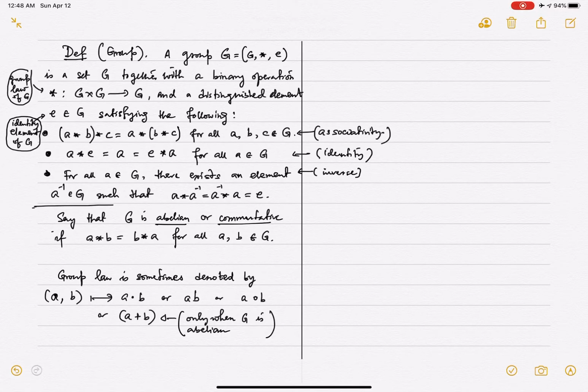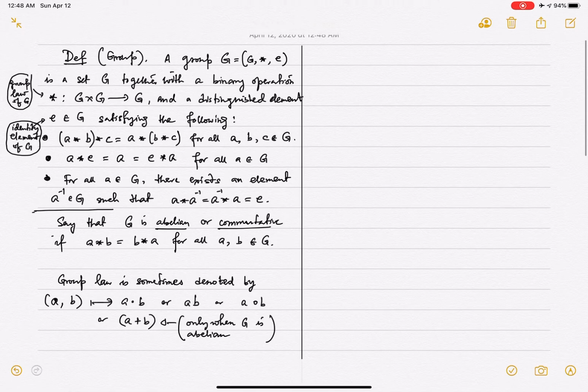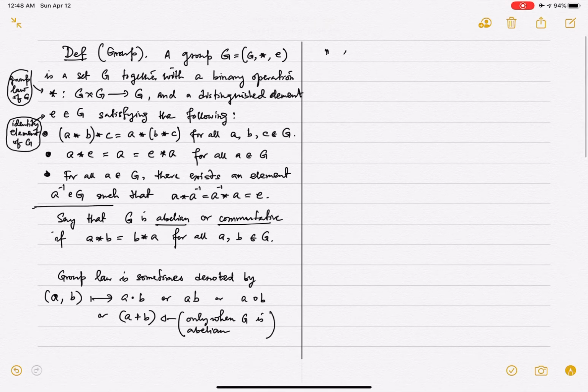Okay. So now for some examples. Basically the way they arise in mathematics is, this first is sort of a meta example: the set of symmetries of mathematical objects.